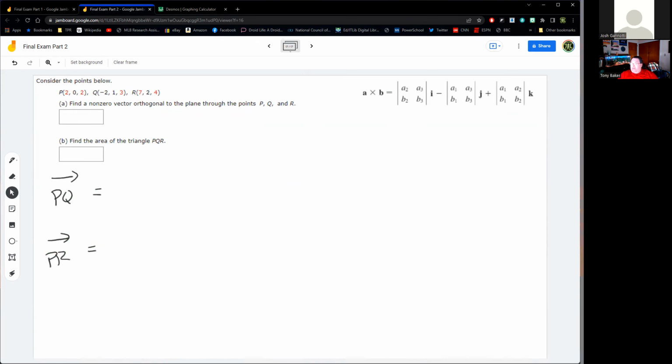So remember, to find my vectors, we are just subtracting the values in the problem. So vector PQ, I have -2 minus 2, comma 1 minus 0, and then 3 minus 2.